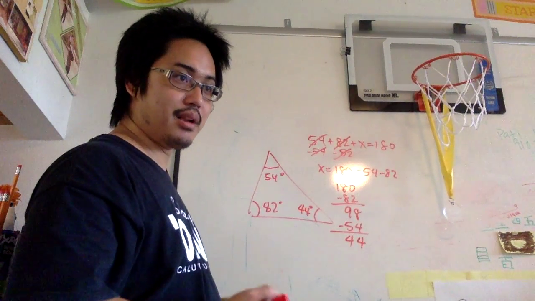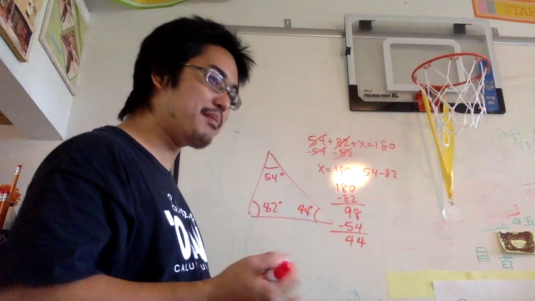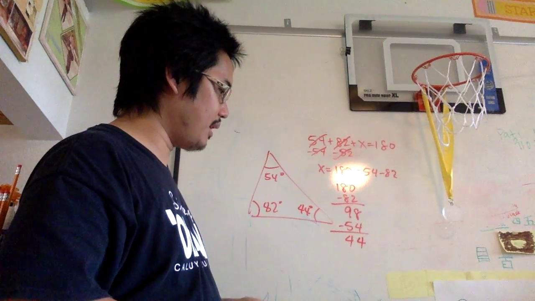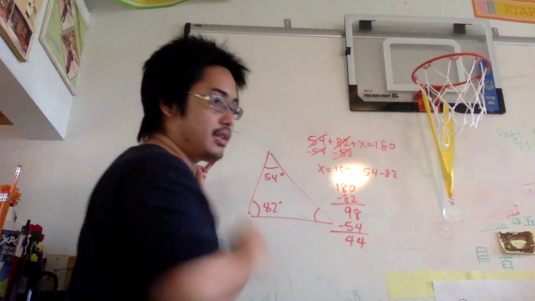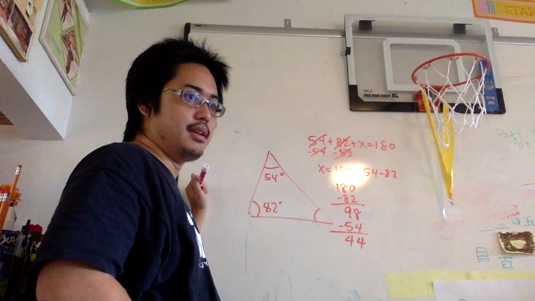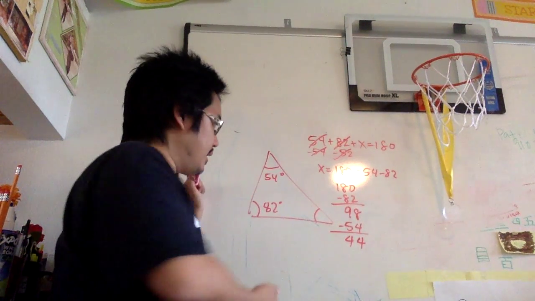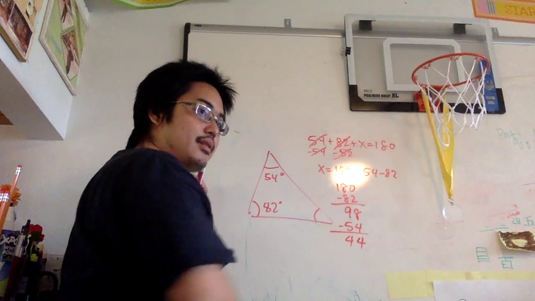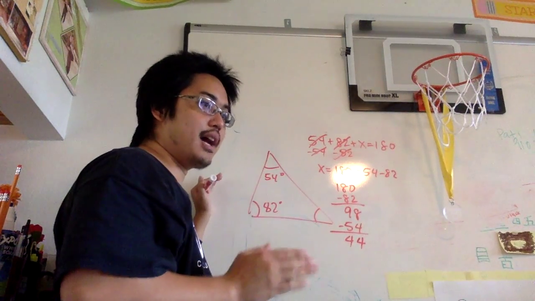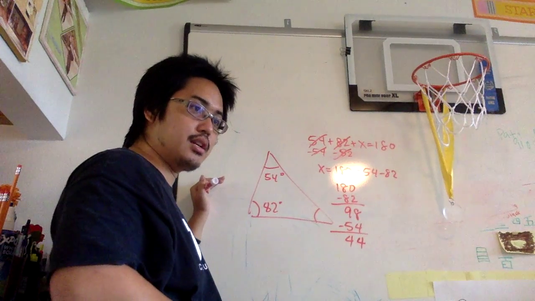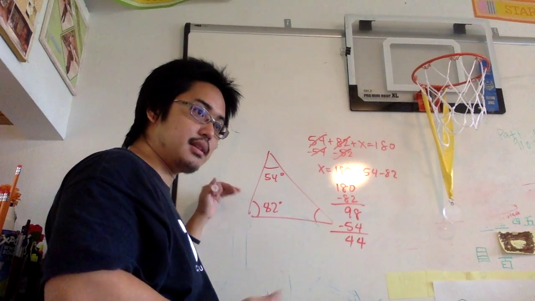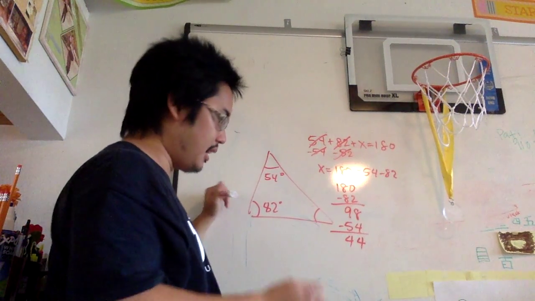I might make the problem a little bit more complicated or tougher. The way I would do that is I would say, what if we don't know what that is? Then you're going to have to figure that out by knowing the fact that if you add up all the angles inside of a triangle, it's equal to 180 degrees. Does that make sense?